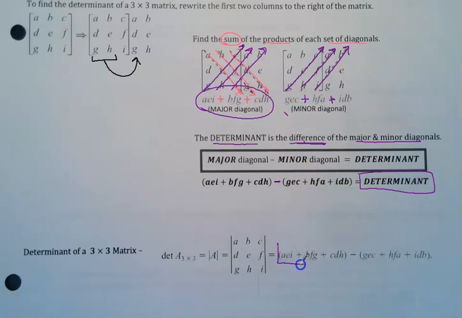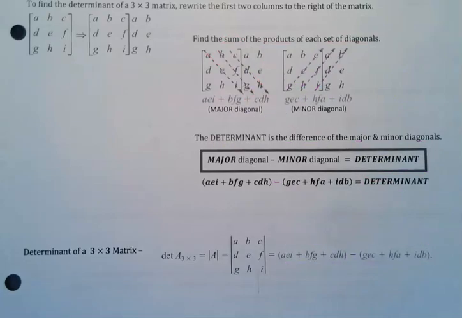So this is the major diagonal, the sum of all 3 major diagonals, and this is the sum of the minor diagonals, and we're still finding the difference or subtracting those to get the determinant. Okay, so that's how we find a determinant of a 3 by 3 matrix. All right, so let's clear this and go on to the next one to actually give it a try.